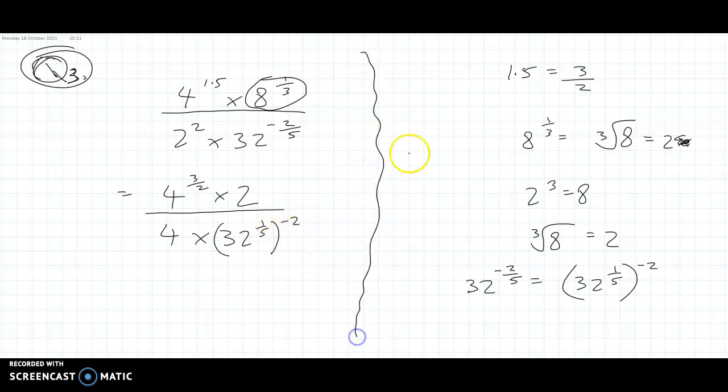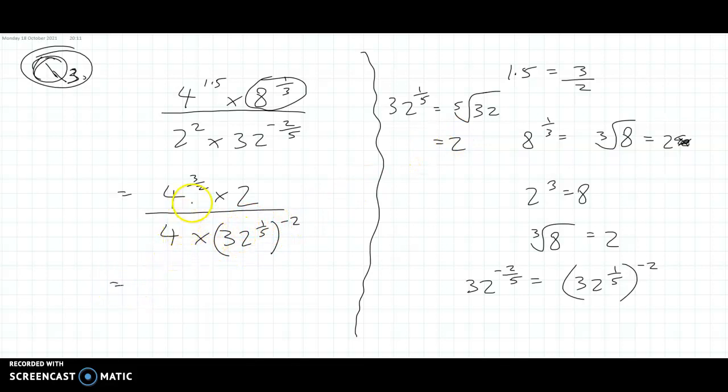Just a rough work here to the right of this line. 32 to the power of 1/5 is equal to the 5th root of 32. That's what number multiplied by itself 5 times gives 32. That's equal to 2, since 2 multiplied by itself 5 times is 32. So inside the bracket here is a 2.